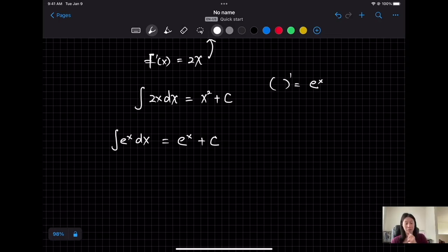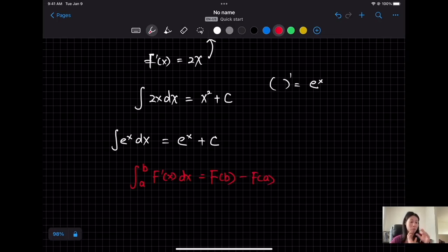So now let's recap the fundamental theorem of calculus. The integral from a to b of f prime of x dx equals the original function at b minus the original function at a.